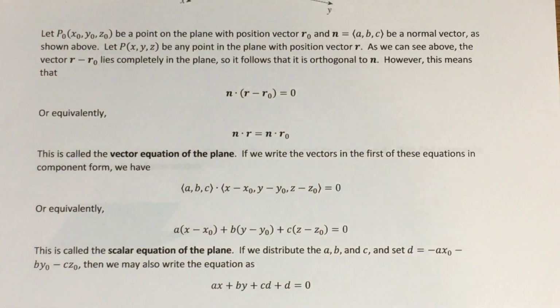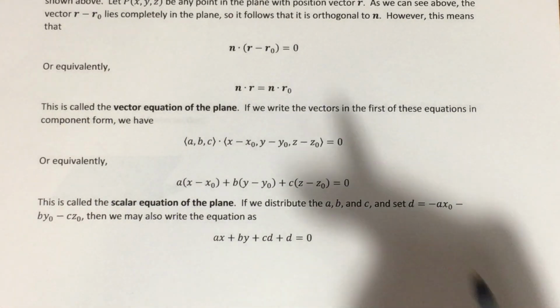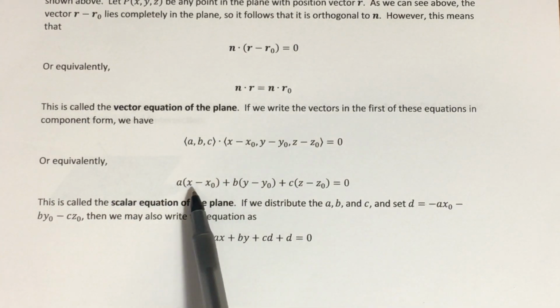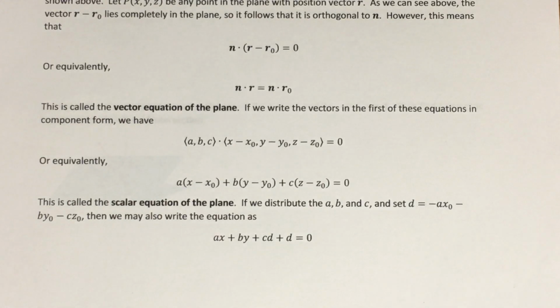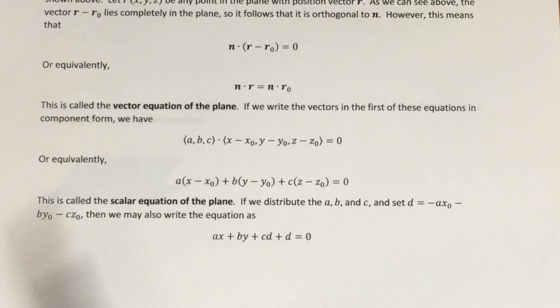Most of the time we are using this form of this equation, but sometimes we want to work with a simpler form. Remember, the x naught, y naught, and z naught all came from a fixed point. That makes each one of those a constant. The a, b, and c would also be constant.